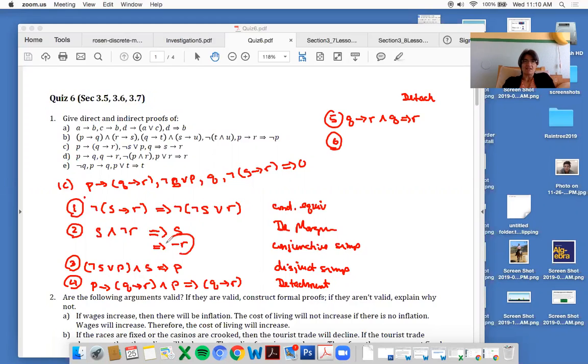I have not R here, and I have R there. R and not R is my contradiction. So that's an example of indirect proof for that one.